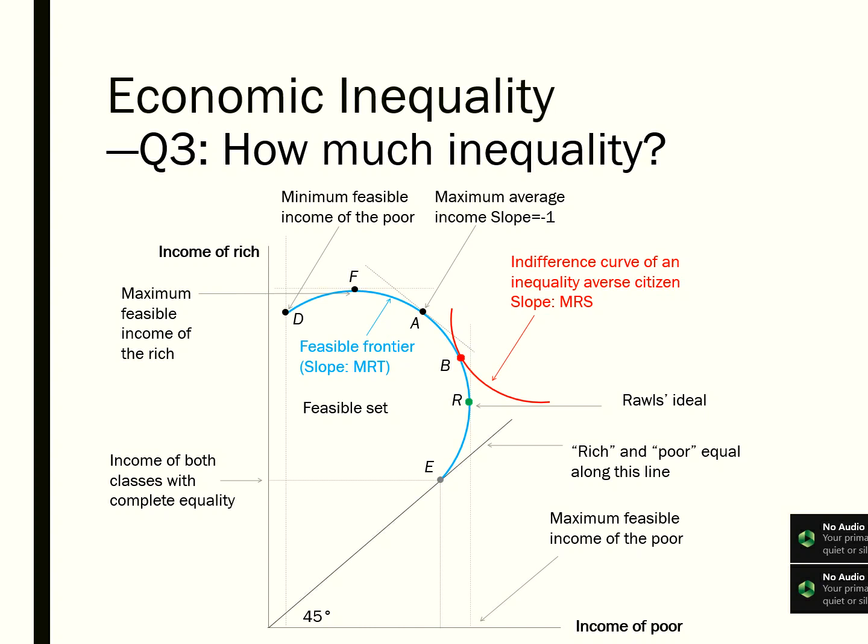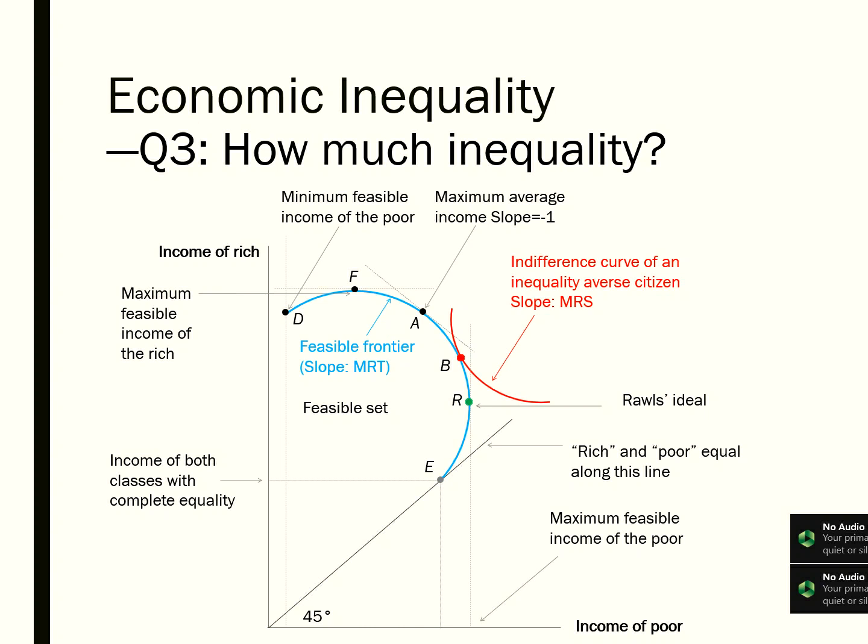At one extreme, point E is where the income of rich and income of poor equalized. Point R is the Rawls idea, which maximize the income of the poor. It is also known as maximize the minimum or maximin rule. Point B is the optimum, which maximize the social welfare, represented by this red indifference curve.